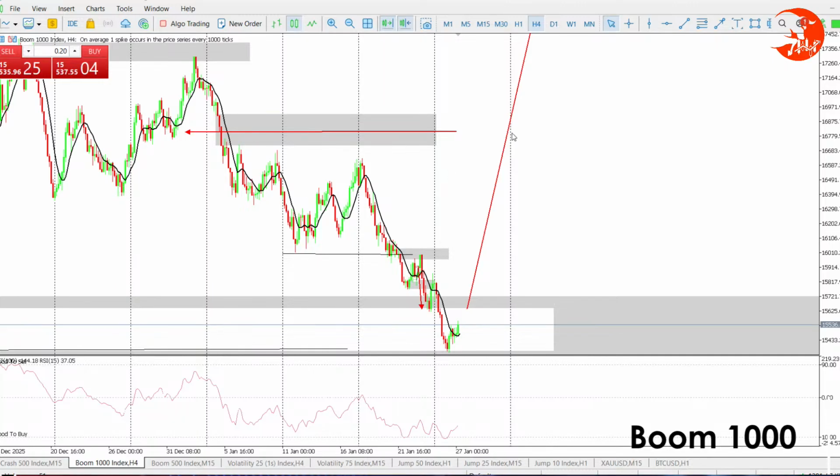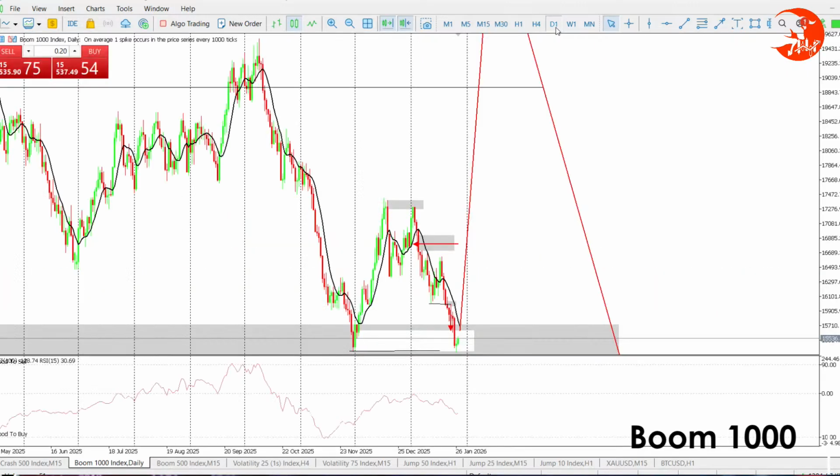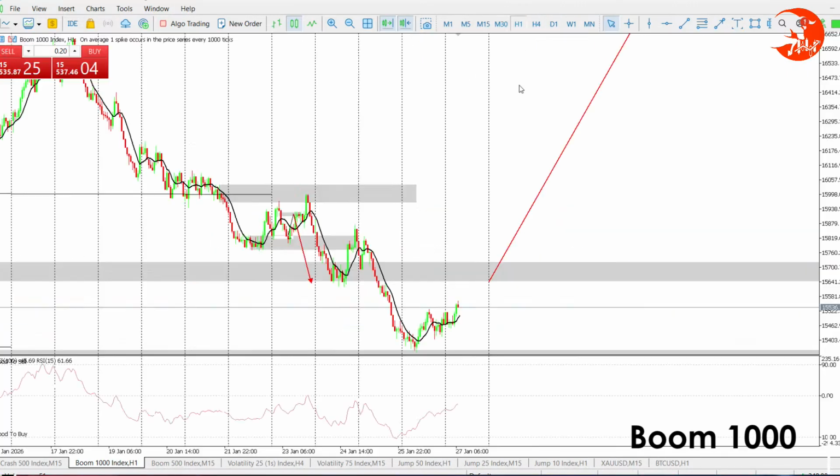Now, not yesterday, a day before, so let's go to H1. Monday, Sunday, Saturday, Friday, we wanted that sell. This is where we were. This is our last analysis. We wanted a pullback there, then a sell.